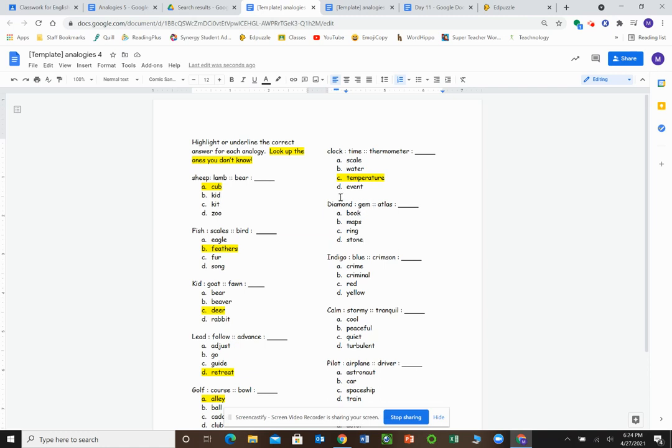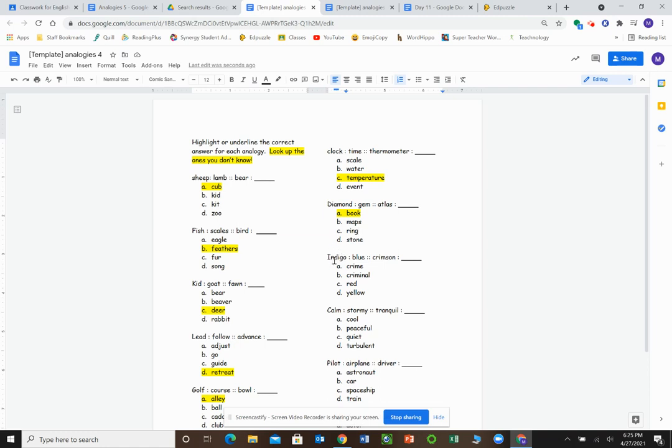So that could have been a sapphire or a ruby or an emerald, but a diamond is just an example of a gem. Well, an atlas really is a book. Now, I accepted maps as well because I thought that was really kind of confusing. What an atlas really is, is a book of maps. But in all honesty, an atlas is actually a book, just like a diamond is a gem.